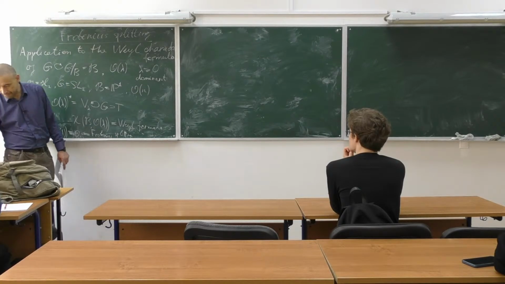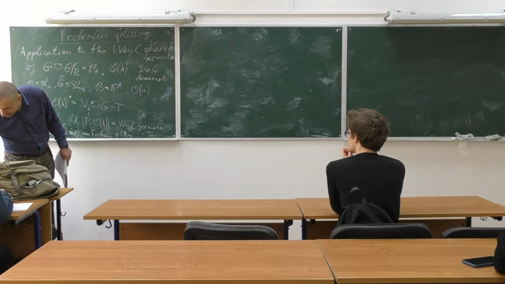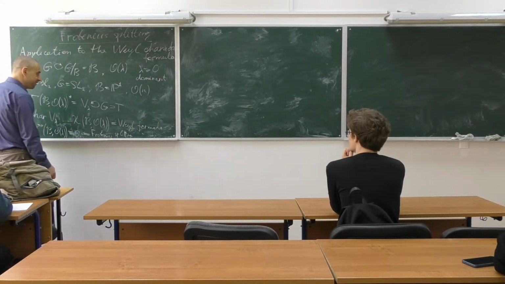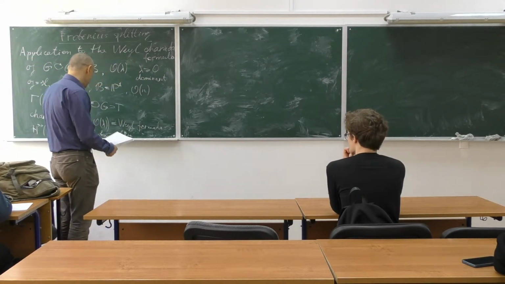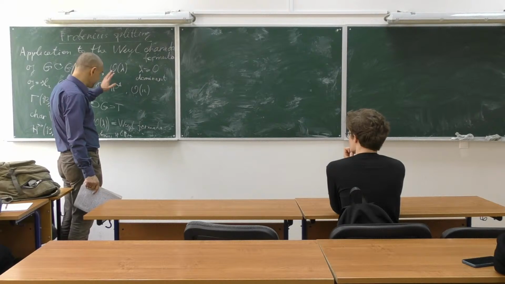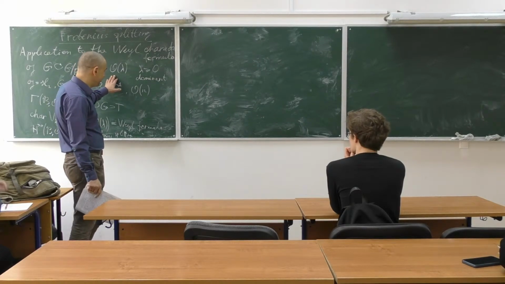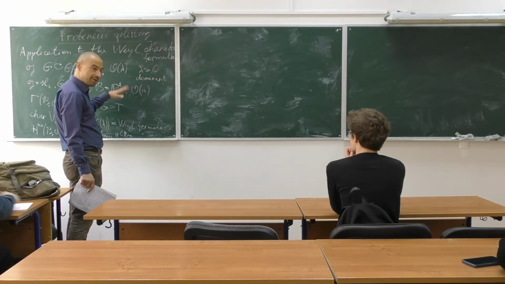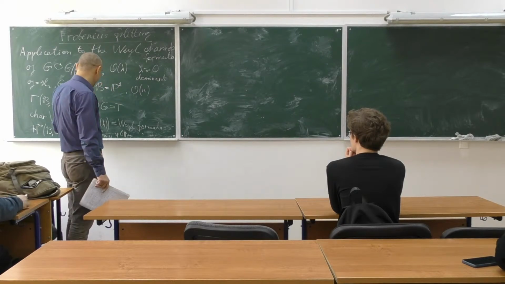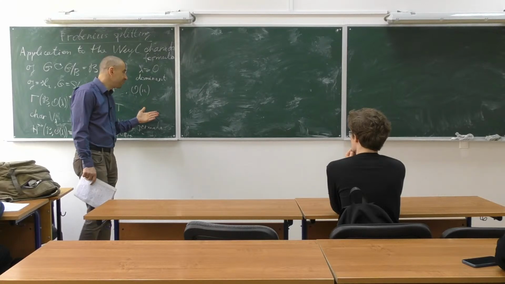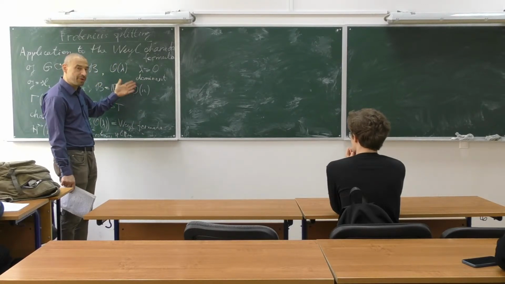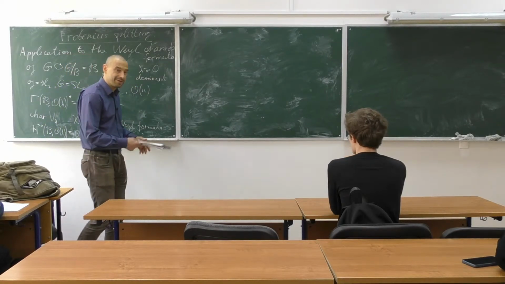So let me define what I mean by Frobenius splitting. I will never use any of these for three weeks, and then in the end I will develop some application. So if you haven't heard about this basic structure theory before, you have three weeks to learn it by yourself.